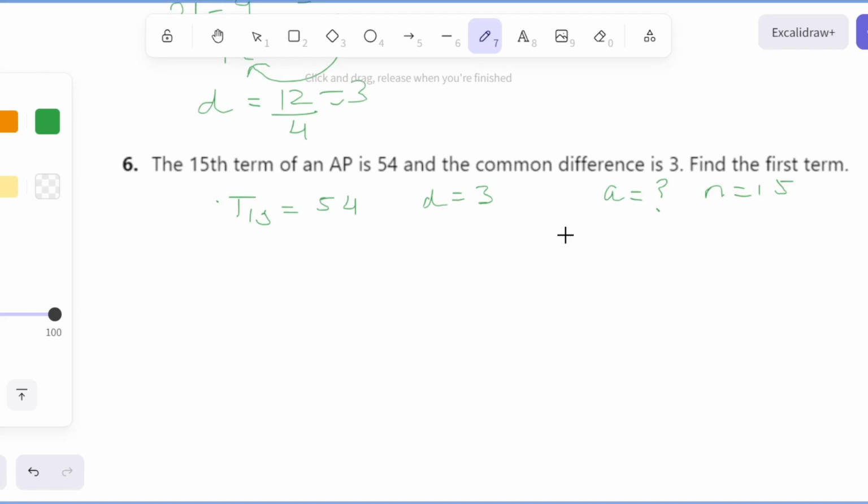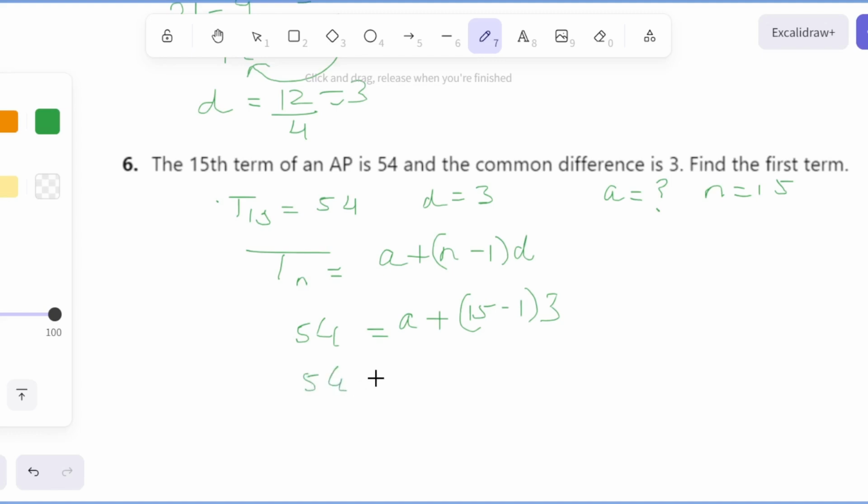Now again we write the general term formula of an AP and put in the values. Tn is 54. 54 equals A plus n minus 1, n is 15, 15 minus 1, and D is 3.